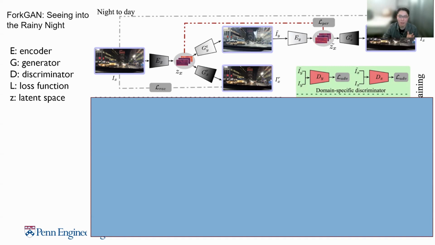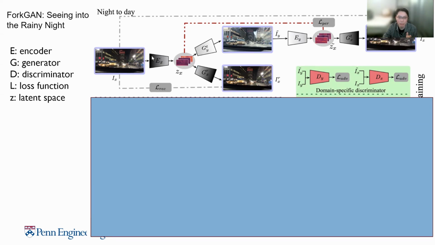The logic they use is that we can find some latent space that represents what is happening in this scene, and it doesn't really matter whether it's daytime or not.